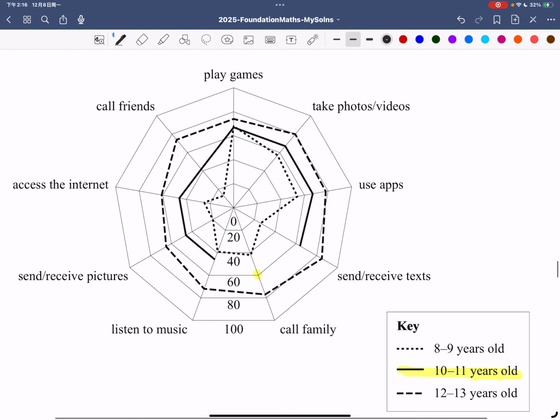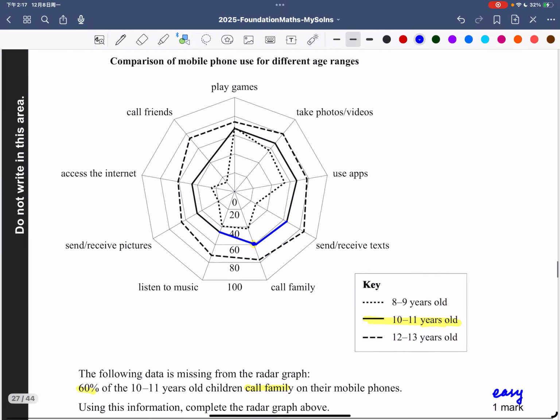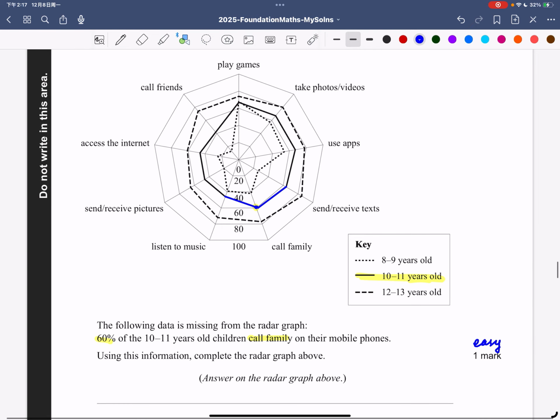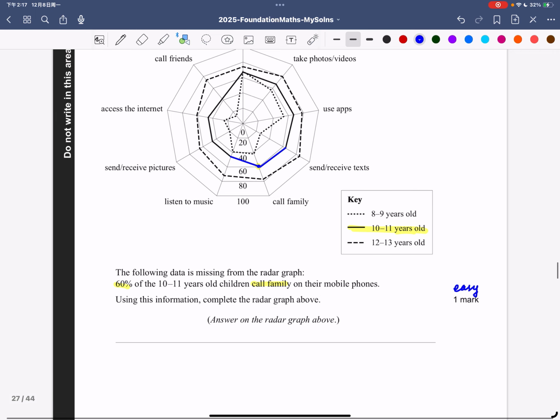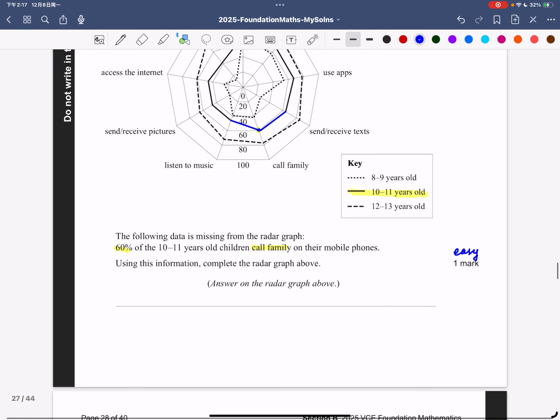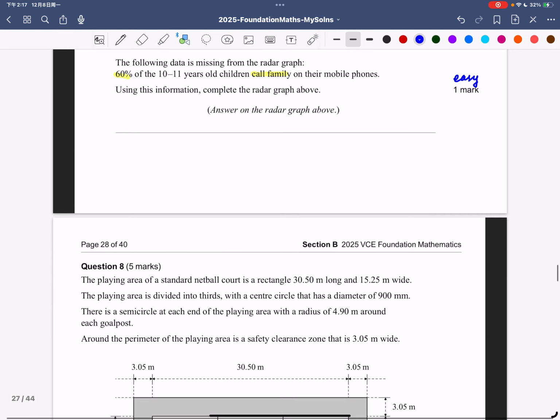In the radar graph, we need to join the edges. So I'll put a point here, use a straight line here, and also use a straight line segment here to complete this radar graph. Make sure you use the same legend or key, solid line, rather than a small dash line or larger dash lines, okay? Yeah, that's pretty easy, as long as you understand what it's about.